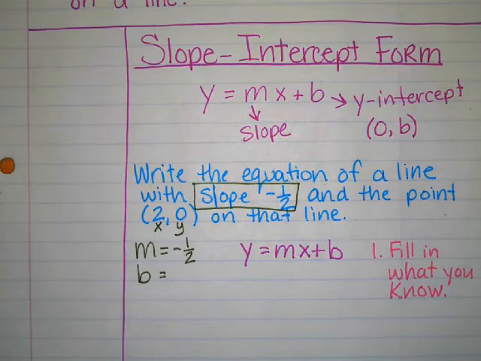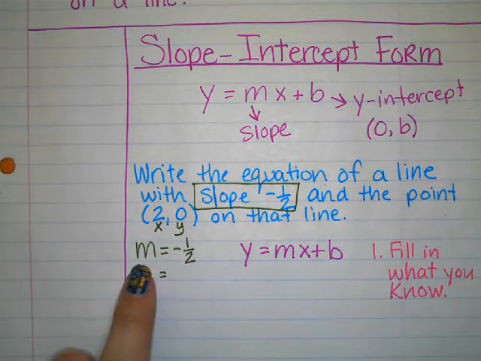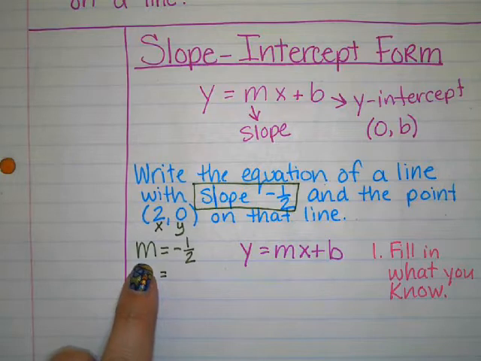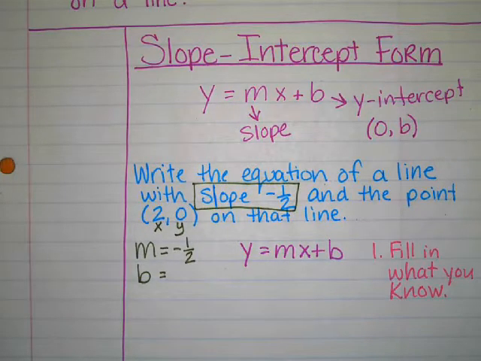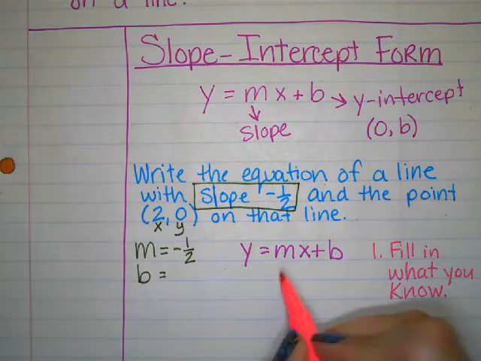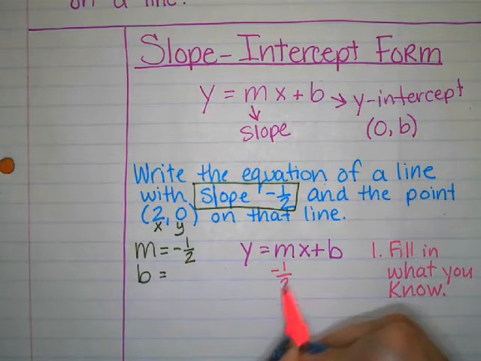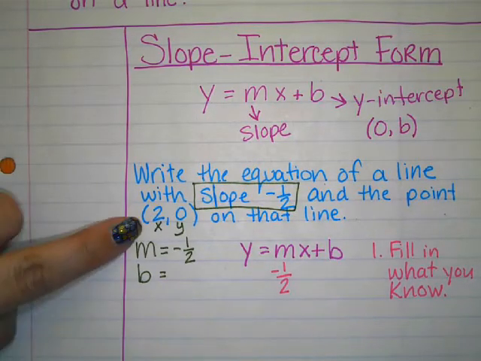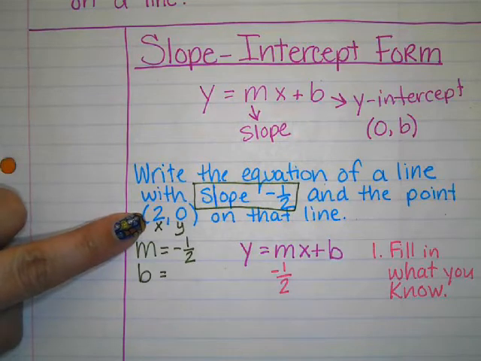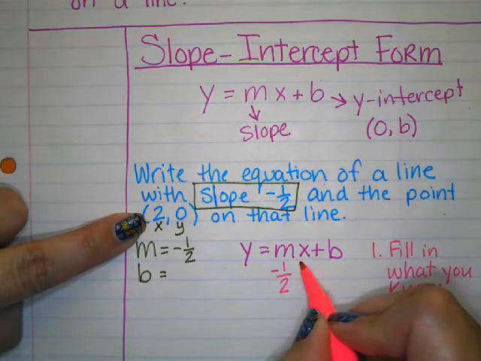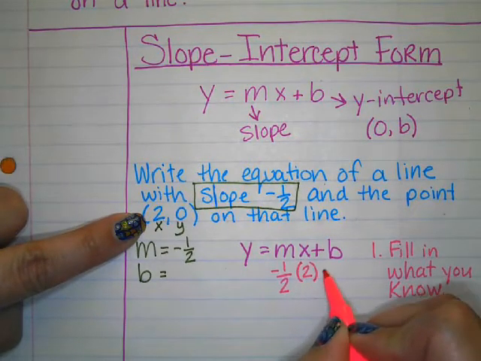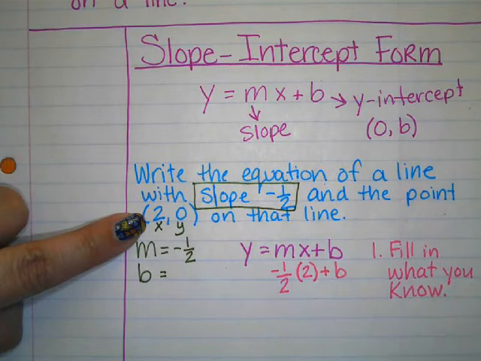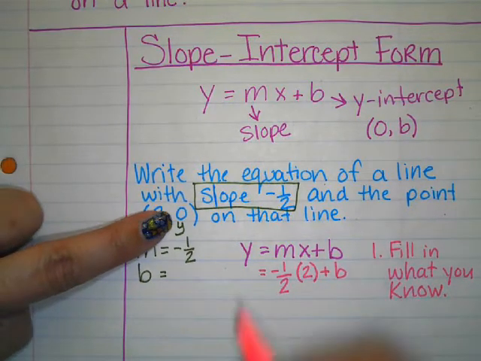My m value is -1/2, so where my m is, I put -1/2. I know an x value is 2, so my 2 goes right here. I don't know what b is, so it's plus b. And then I have a y value of 0.